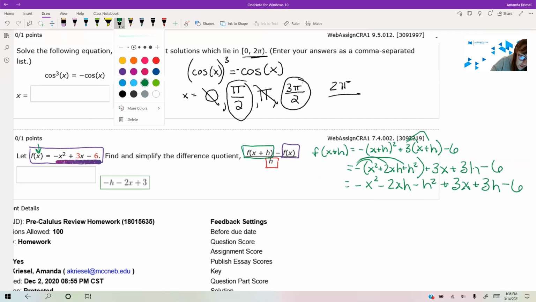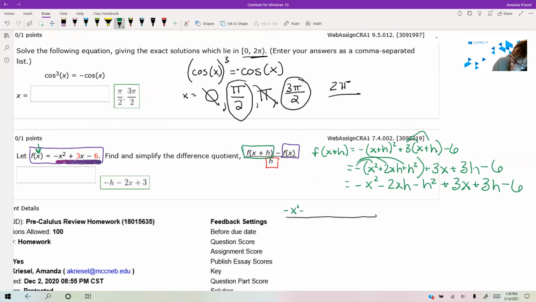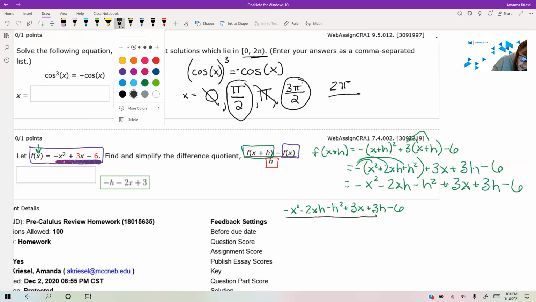Let's look at what we have. When I look at this expression, I simplify that f of x plus h and input this expression here: negative x squared minus 2xh minus h squared plus 3x plus 3h minus 6. It's going to get lengthy.